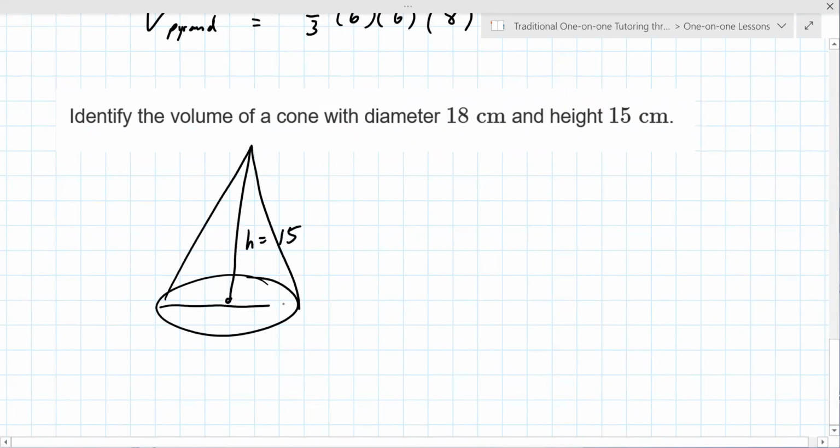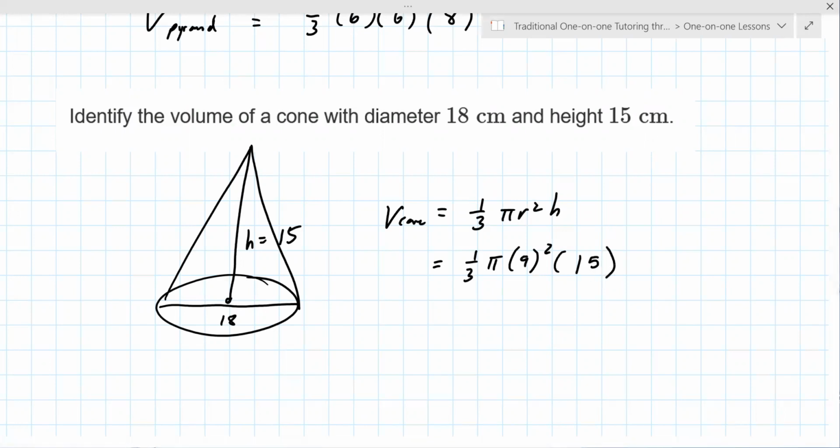The diameter is 18. The volume of a cone is 1/3 pi r squared h. What is the radius? The radius is 9. What's the height? The height is 15. So give me your final answer rounded to 1 decimal place, please.